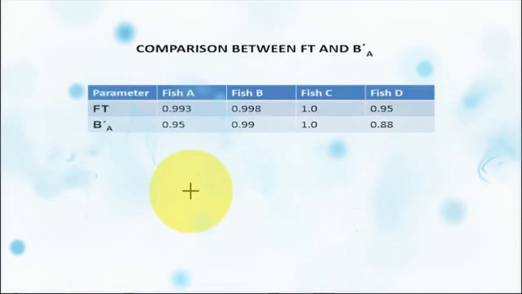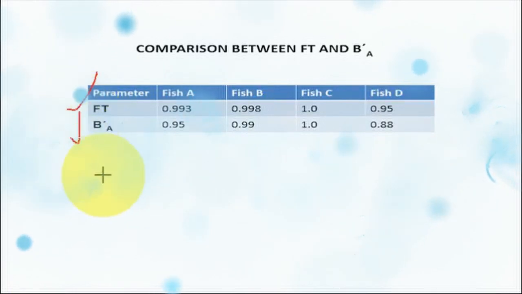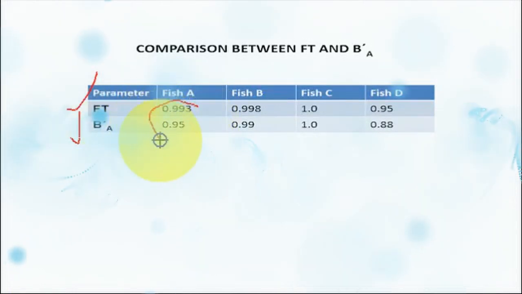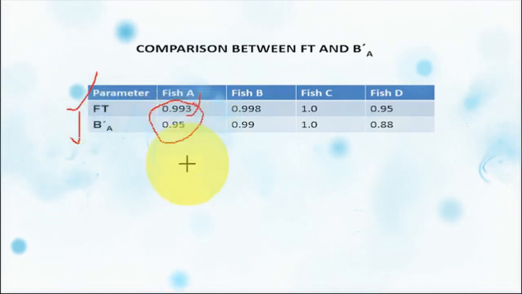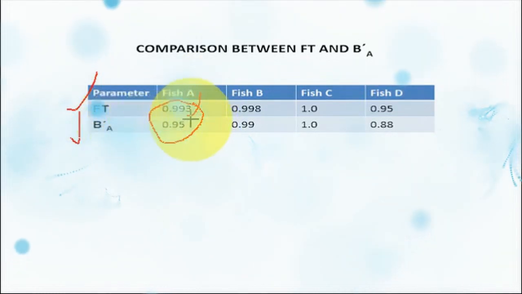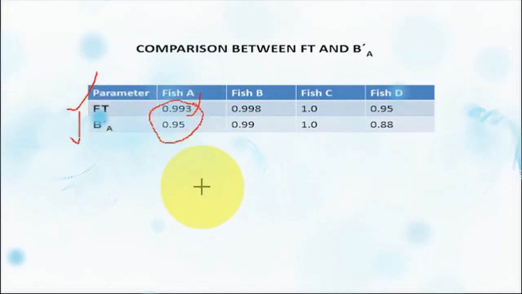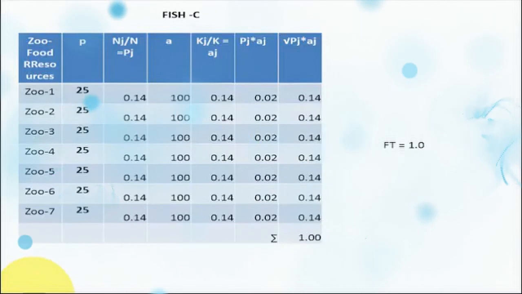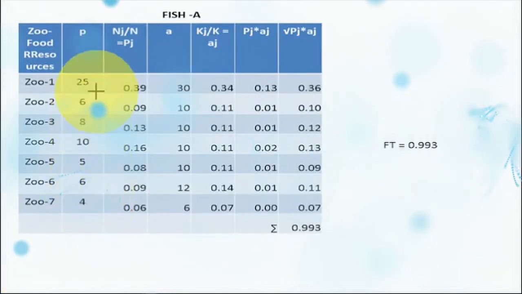So if you compare these two indices, that is the Smith index and the Halvard, you can see the first one, fish A, it is 0.993, and you are getting a difference in the third decimal. So it is not very sensitive to the variation among the groups. You know, in the first case you get the variations. This is, see, 25, 6, 8, 10, 5, 6, 8. Variations are there.